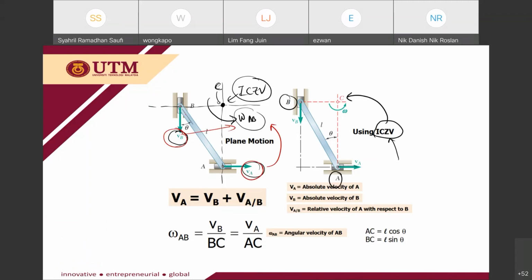So you know that this is the radius, perpendicular to this velocity. So VB is equal to RB omega AB, and then this line here is your RA, so VA is equal to RA omega AB.